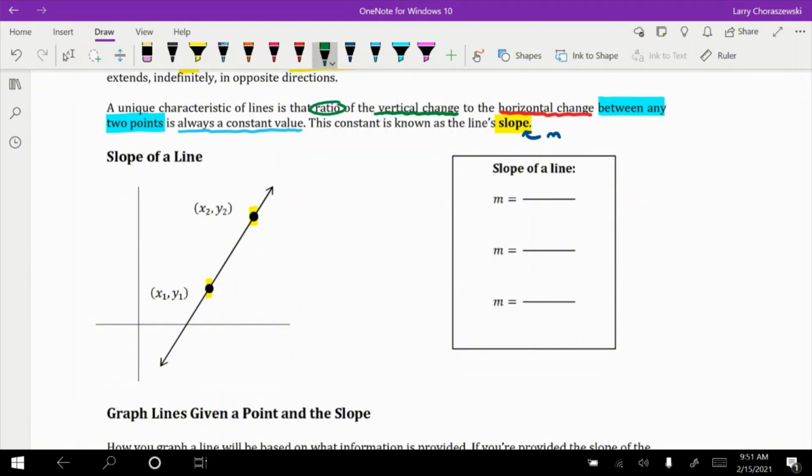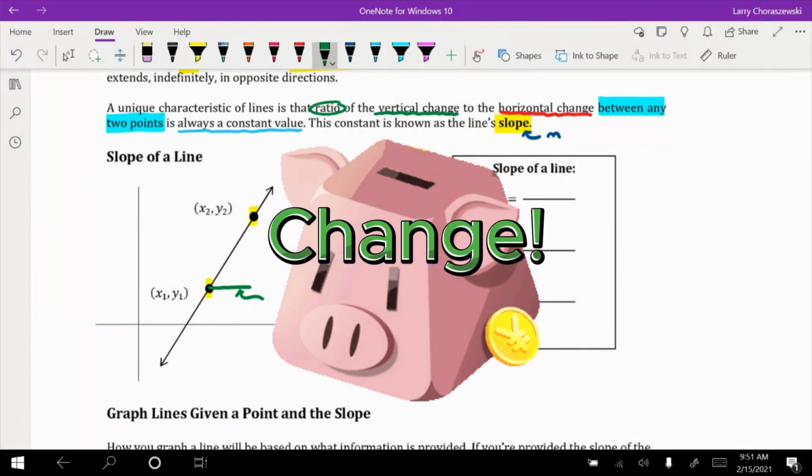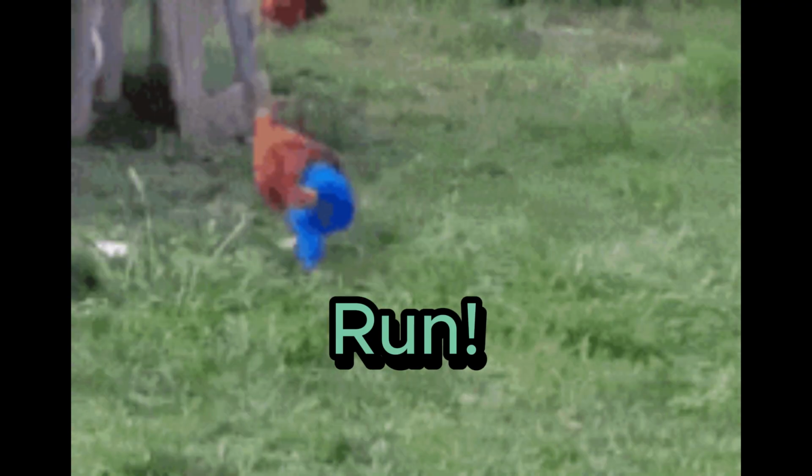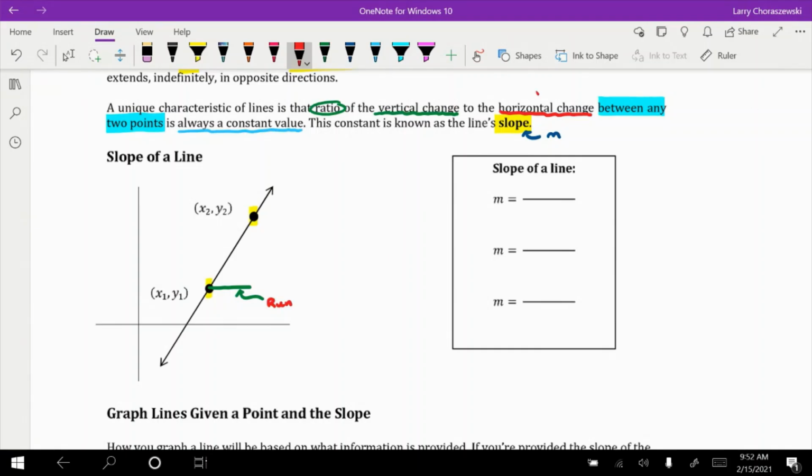One way to get from the point x1, y1 to the point x2, y2 is to go as far to the right as possible until you're underneath the point x2, y2. And this is what we mean by horizontal change. Horizontal change can be more succinctly described as a run. Horizontal change and run are interchangeable.